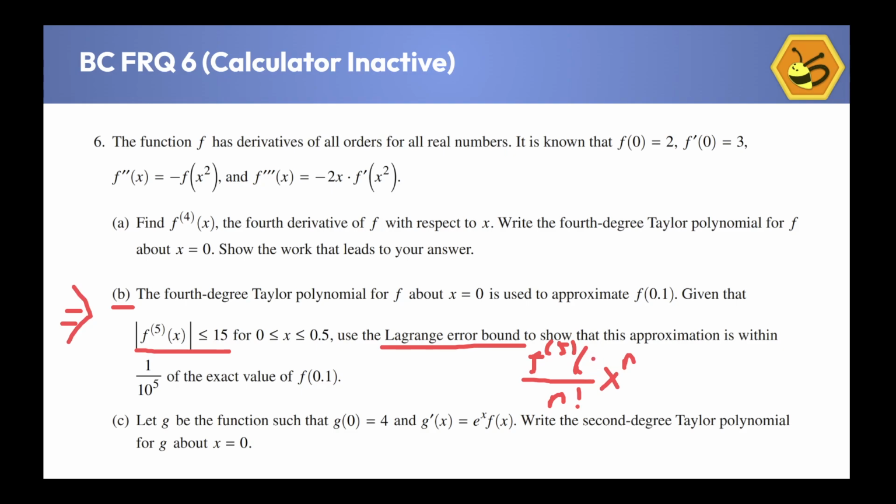So we have a value of c here. The c is between 0 and 0.1. This is the error. But to cap the error, I must find the maximum value of this derivative, which is given. And I need to change n to 5 here because we're looking at the fifth term.